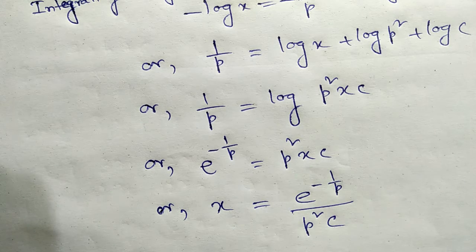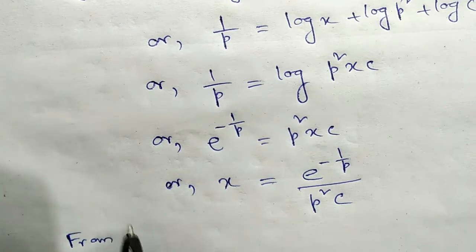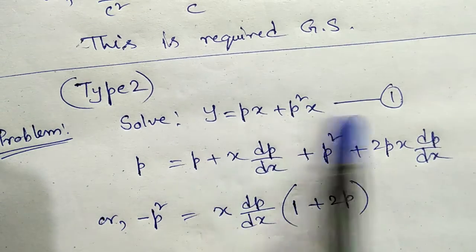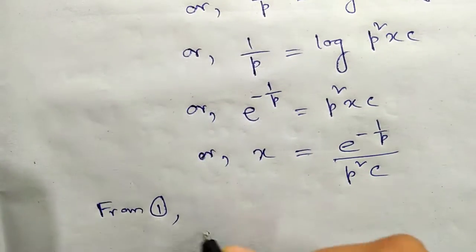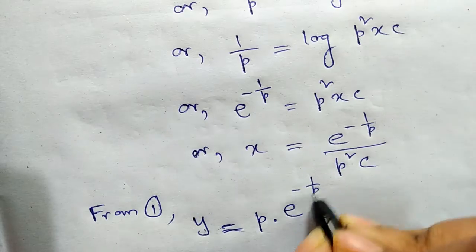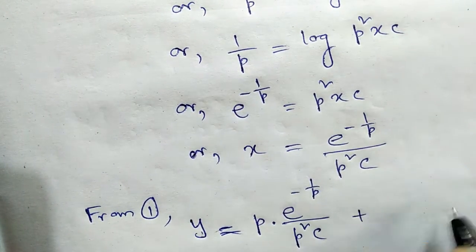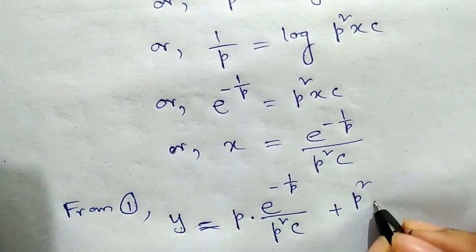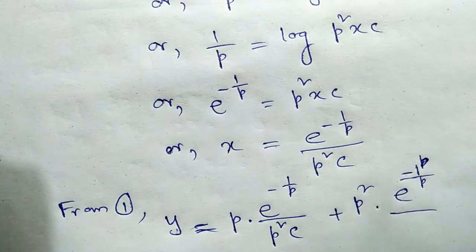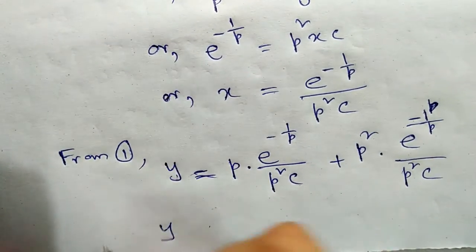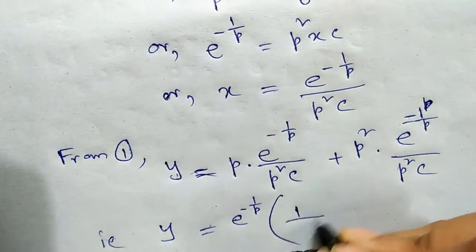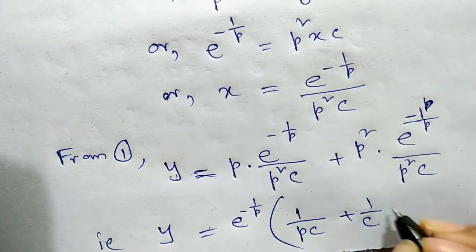Now putting the value of x in 1, see this is our given problem, so we put the value of x in equation 1, we get y equal to px, that is p into e to the power minus 1 by p by p square c, then plus p square x, x is e to the power minus 1 by p by p square c, that is y equal to e to the power minus 1 by p common, then 1 by pc plus 1 by c.